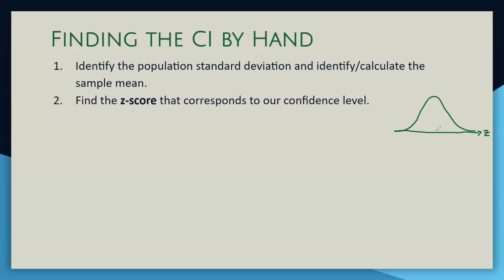So we know the standard normal distribution is normal or bell-shaped. It has a mean of 0 and a standard deviation of 1. This is something we saw, I believe, last week.